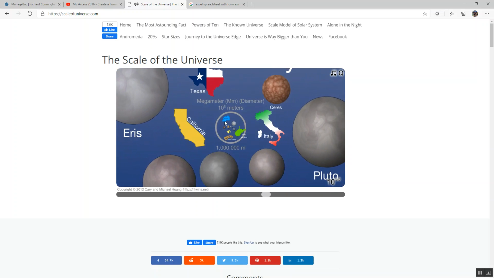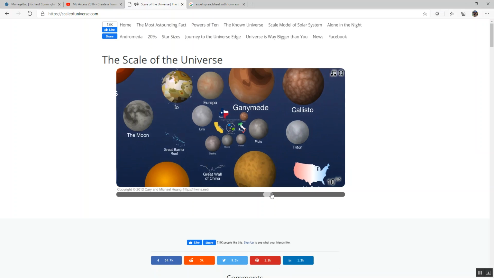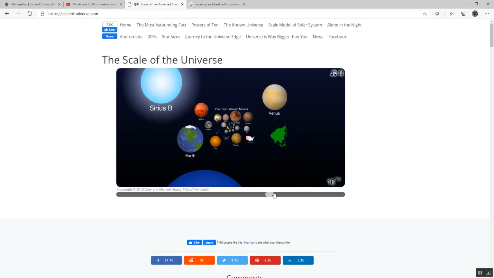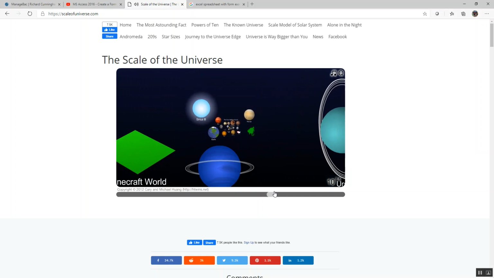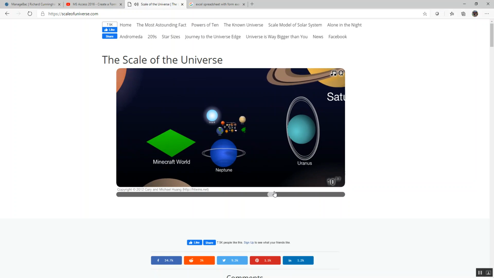So we've got 1,000,000 meters. The length of California is also the same as the length of Italy. Let's keep going. We're getting out to the planets. A Minecraft world is roughly about 10 to the power of 7.7. So it's pretty big.